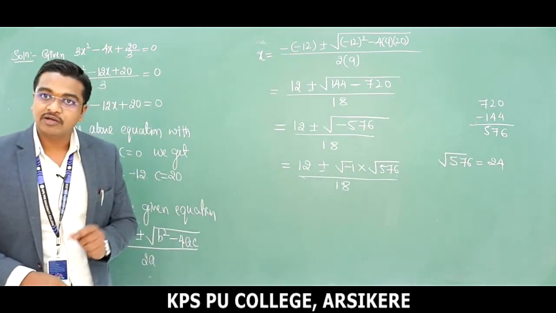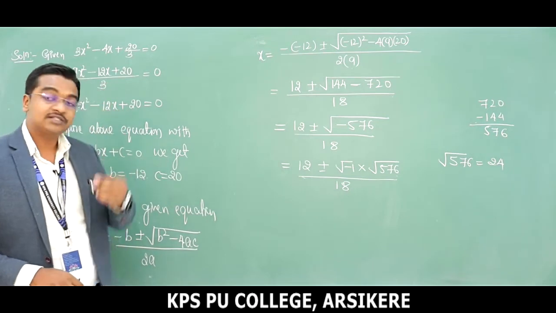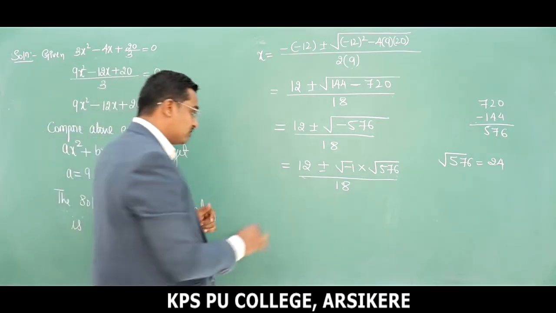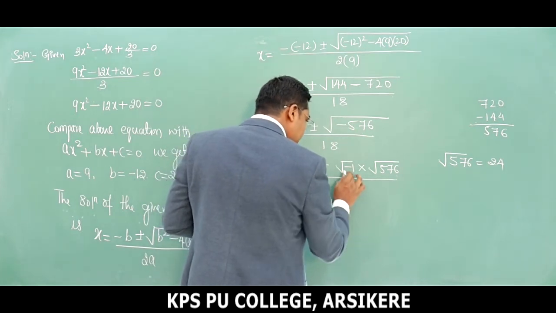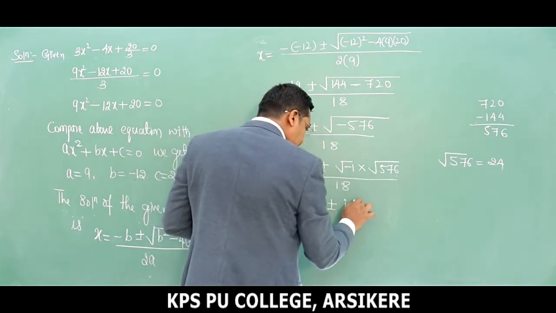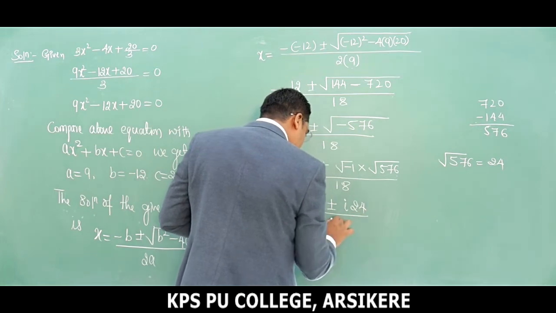Square root of 25 becomes 625. Similarly, square root of 576 becomes 24. So this becomes 12 plus or minus square root of minus 1, nothing but I, into 24 whole divided by 18.